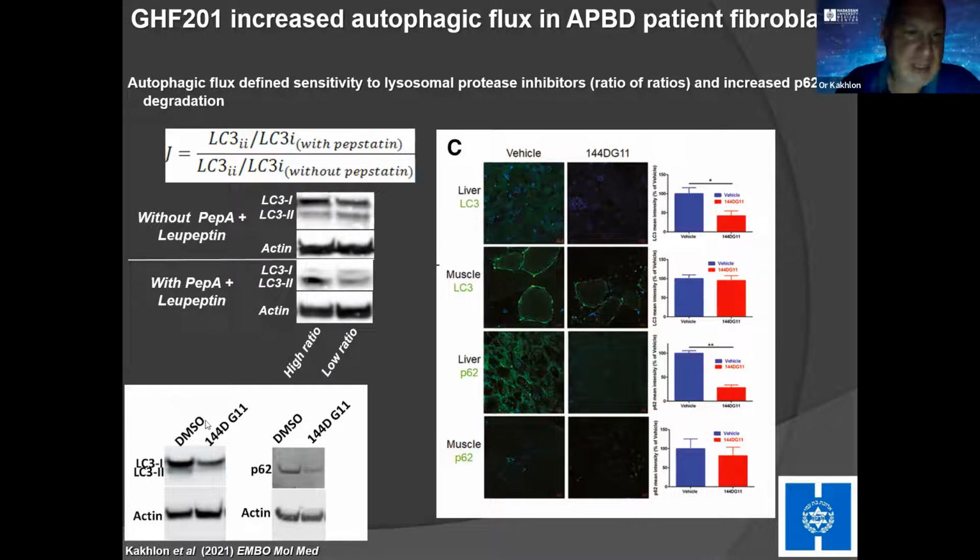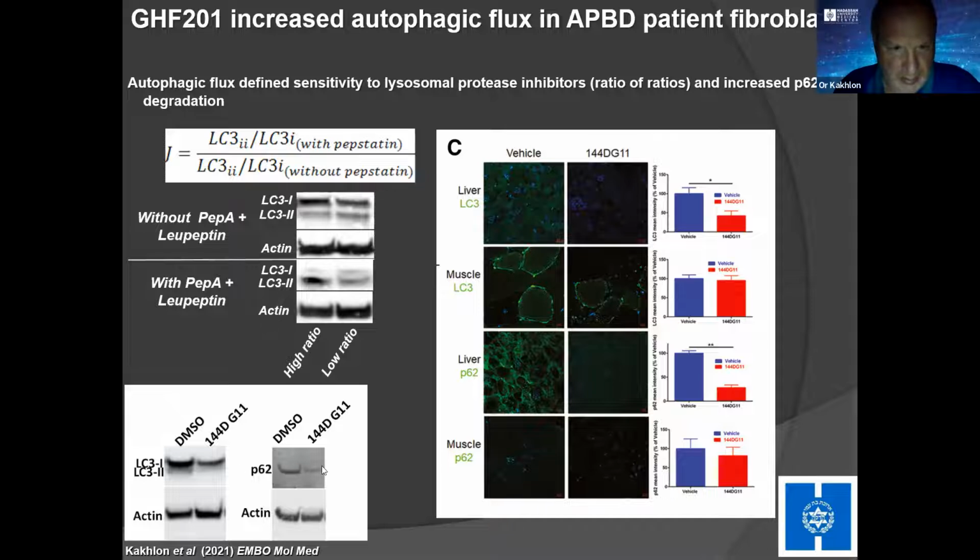Okay, and as you can see, with the addition of GHF201, which has another name, 144D11, but it's all the same, you had more degradation of LC3-II. So the autophagic flux increased. Also, we measured it in another way, looking at the degradation of the autophagic substrate P62.